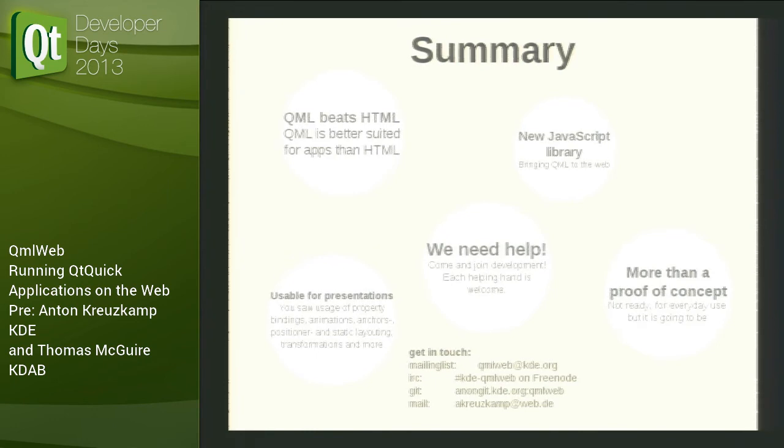You saw anchor layouting, positioner, and, for example, for those circles, absolute static layouting. You saw transformations when we rotated, for example, the arrows, which, by the way, are all the diagrams were also made using QML, and lots of stuff more.